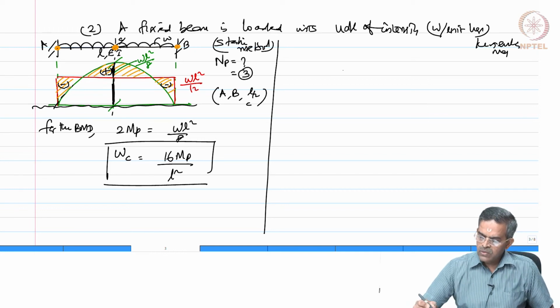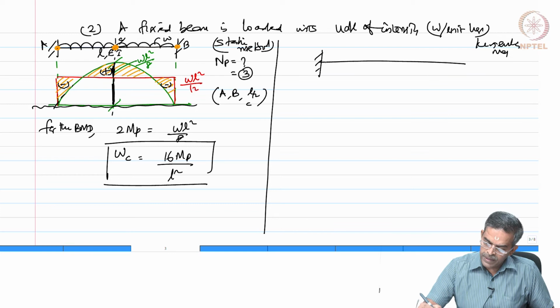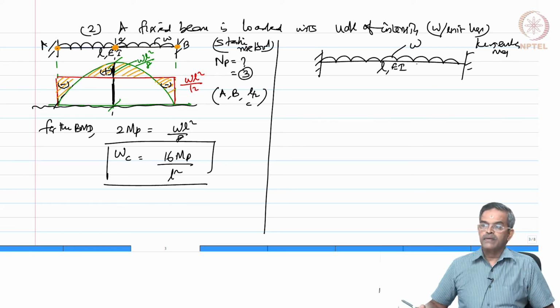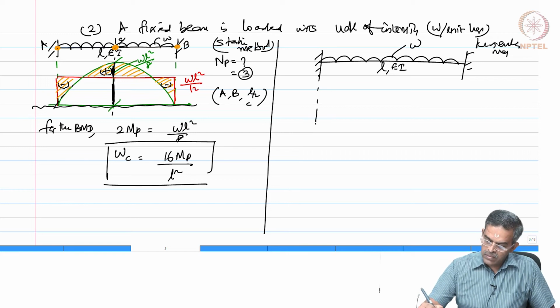Let us try to do this problem using kinematic theorem, a fixed beam under uniform distributed load for a span of L and EI. Let me try to draw the mechanism.